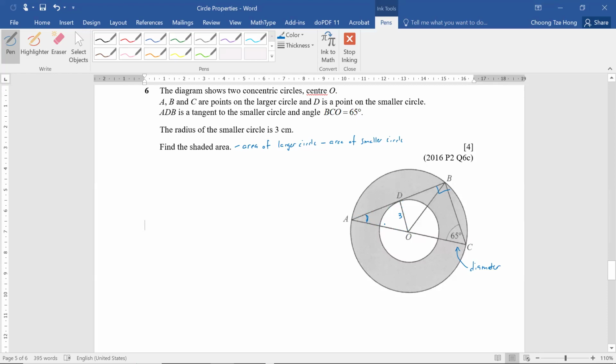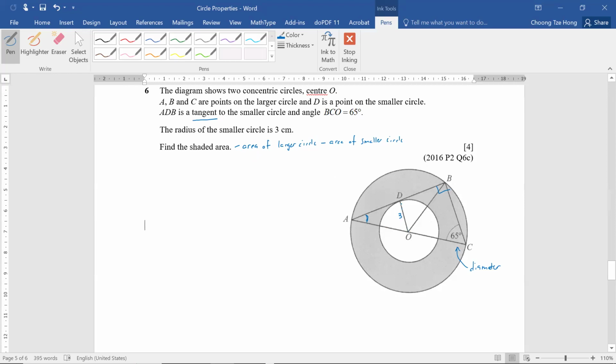Do we have any other info that we can gather from the question but haven't filled into the diagram? There's also this thing called a tangent. Whenever you see the word tangent, you should be thinking about the property: tangent perpendicular to radius.